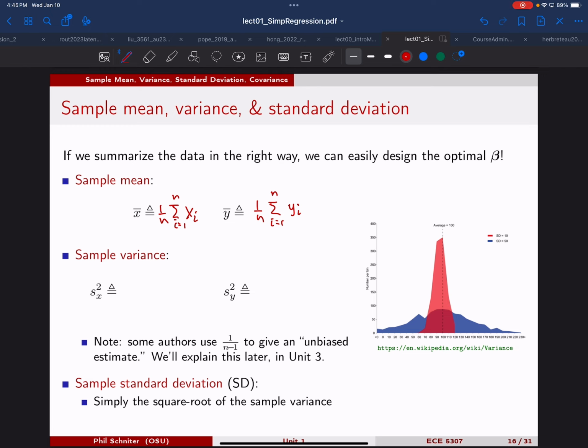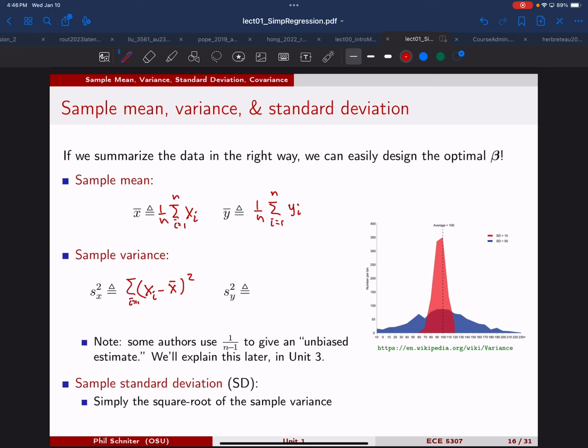The most common way of looking at that is to look at the variance. In particular, from this list of numbers, how can we define the deviation from that mean? So we're going to have xi minus the sample mean. That deviation, we're going to square it.